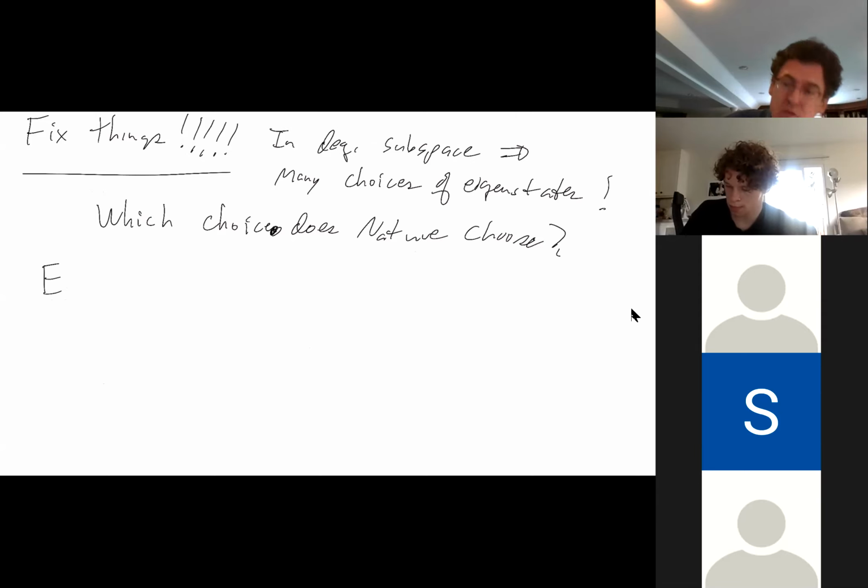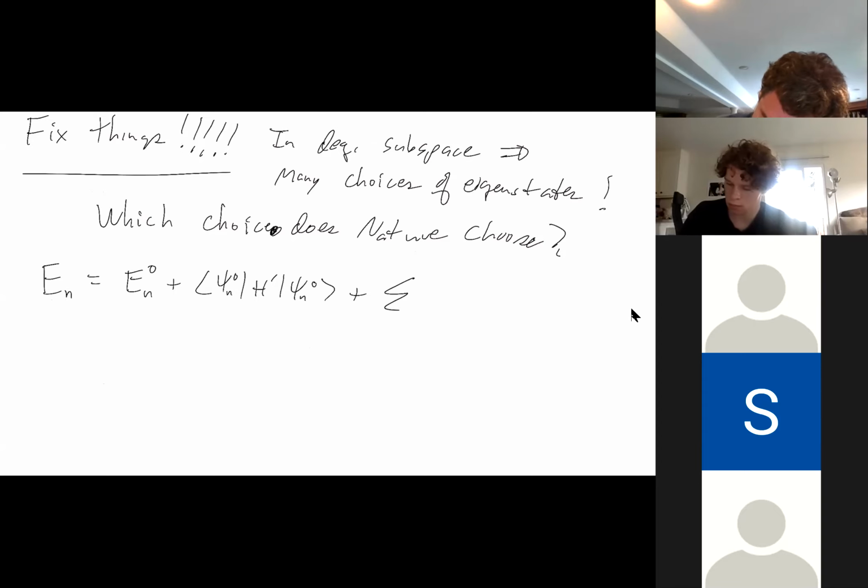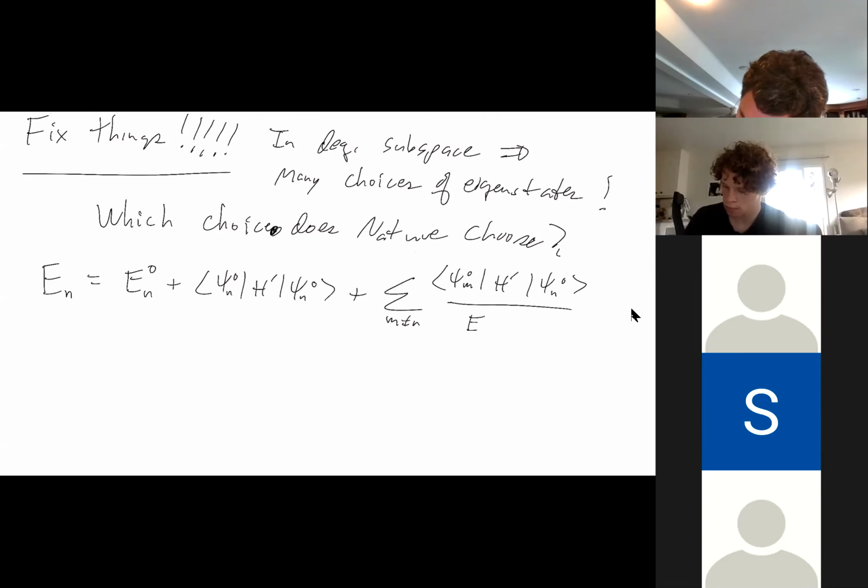The energy of one of those degenerate states, let's say En, is equal to En naught plus psi n naught H prime psi n naught plus the sum over m not equal to n of the quantity psi m naught H prime psi n naught over E n naught minus E m naught, squared.